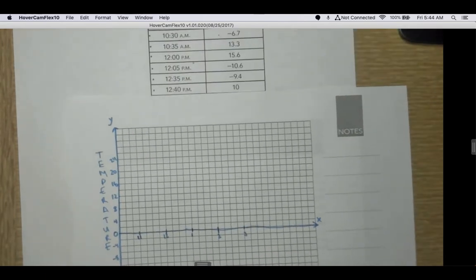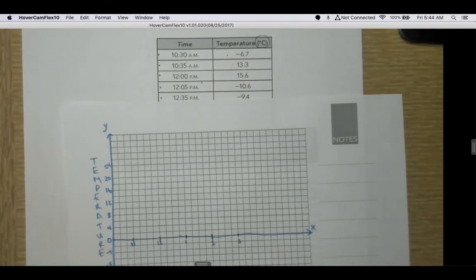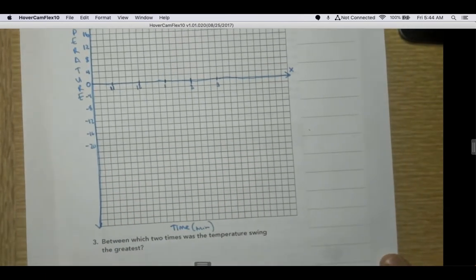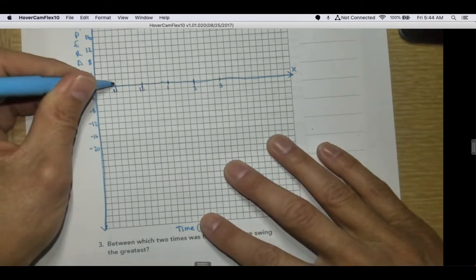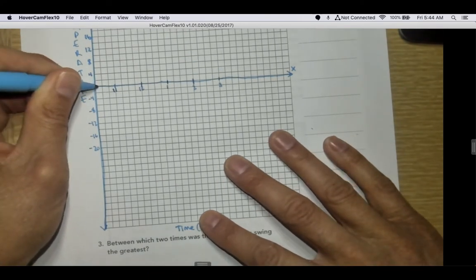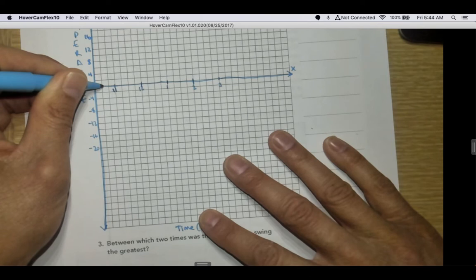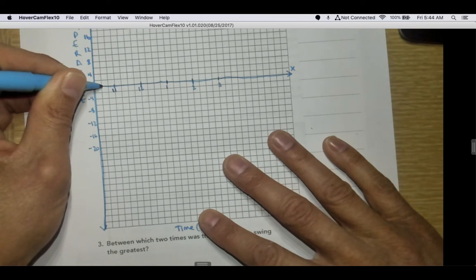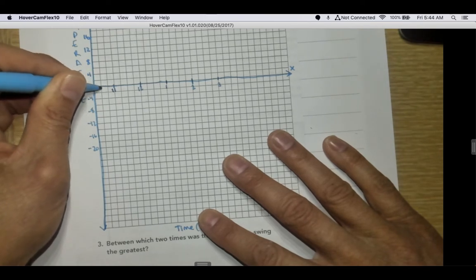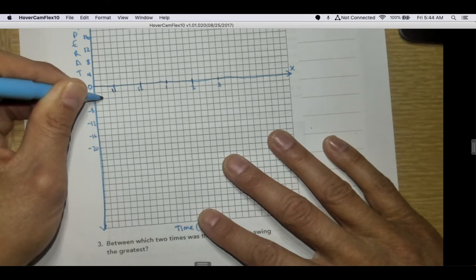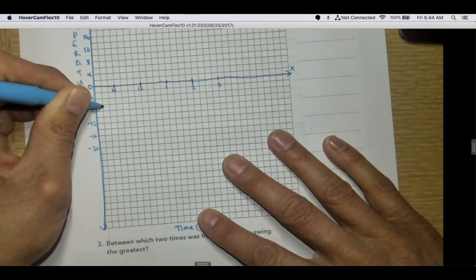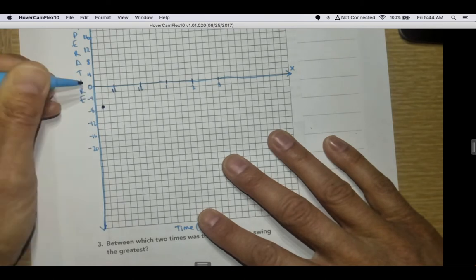And so at 10:30, it was -6.7. Okay. So the way I have this set up, -6.7 would be right there. Okay.